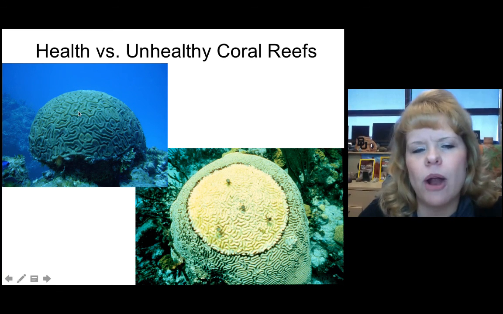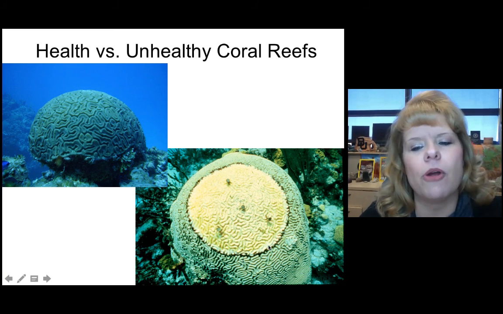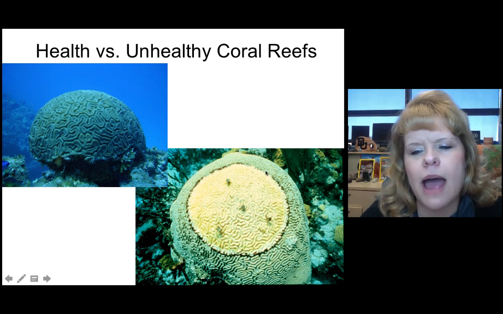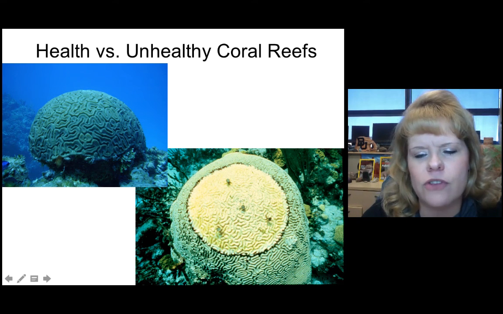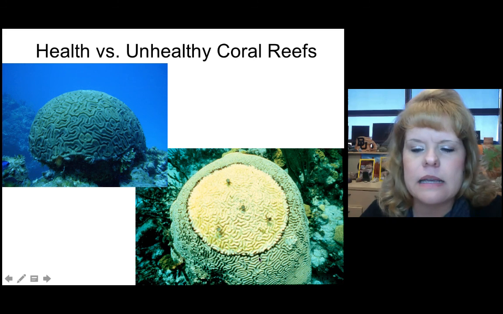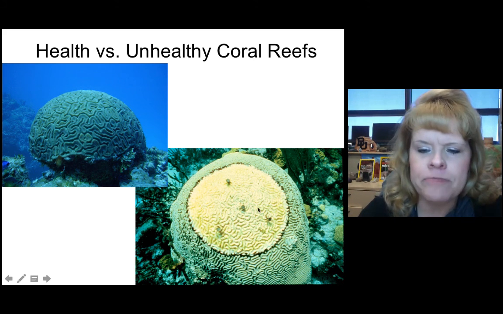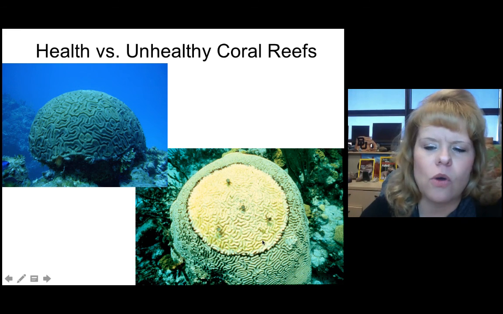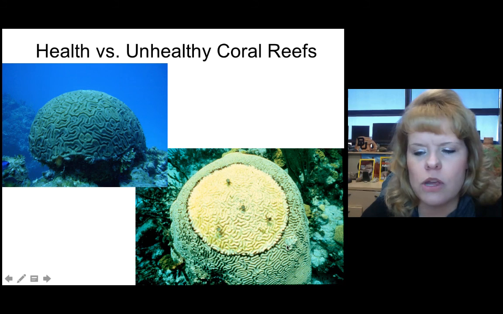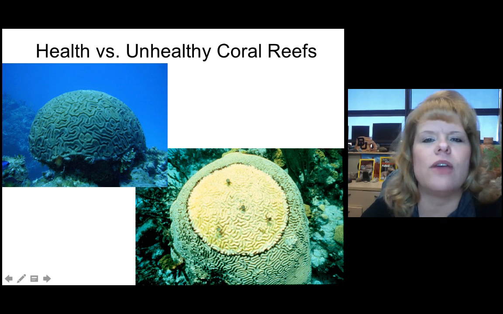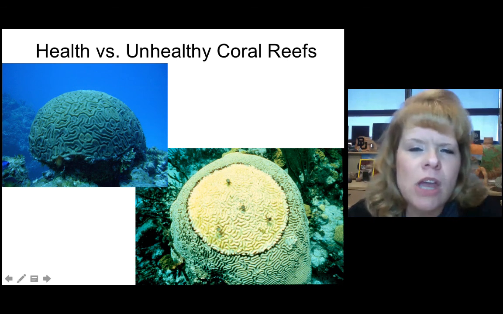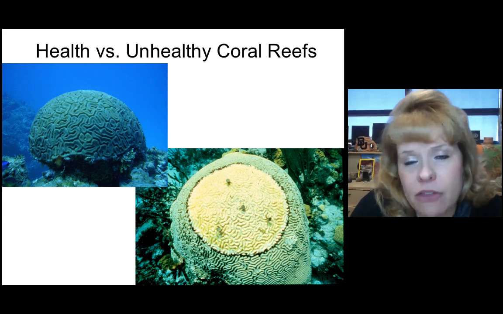So this is a healthy brain coral. This is an unhealthy brain coral. If you see this black band around here, that's called black banding disease. So what's happened is it's gotten some kind of pathogen and it's eaten away all the coral, living coral tissue here, and is slowly eating its way down through the remainder of that brain coral, which it will kill. So where does the source of the pathogen come from?